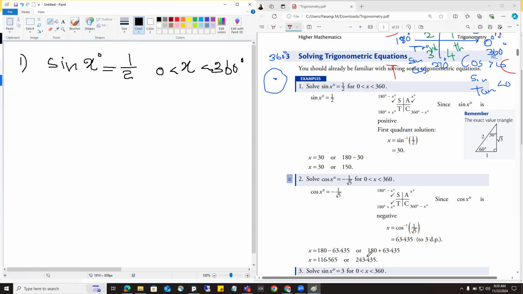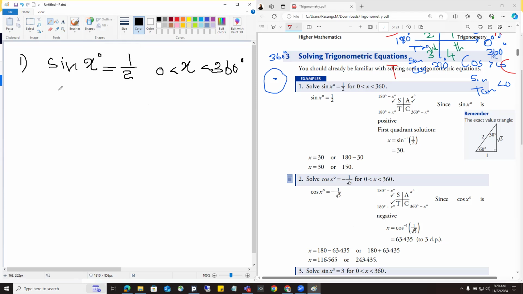The first thing you have to do is select where we have this x, because here they have given sin x equals half, and half is a positive value.